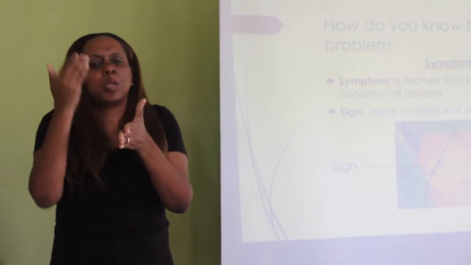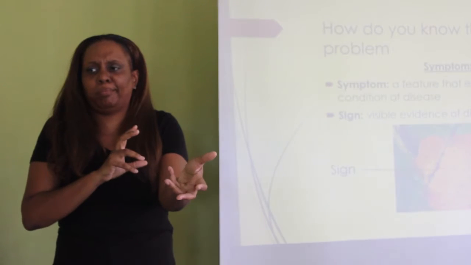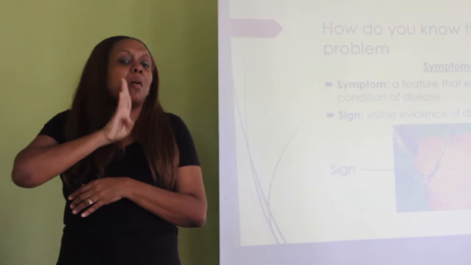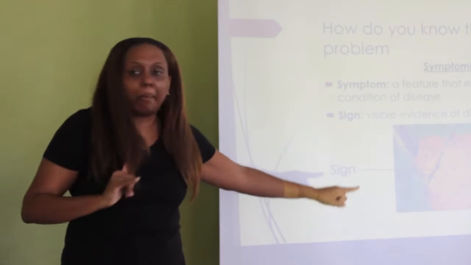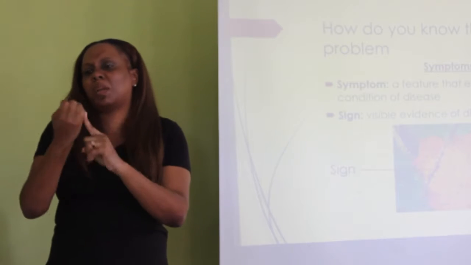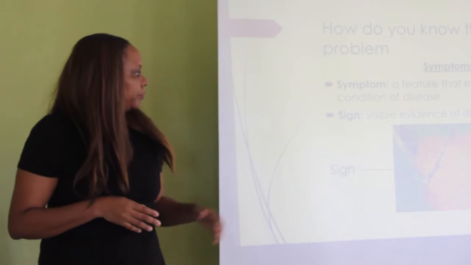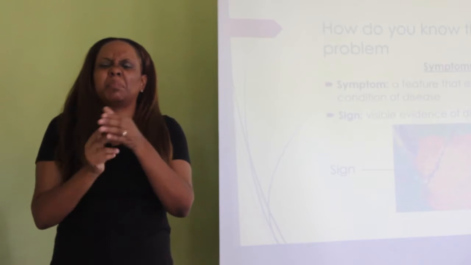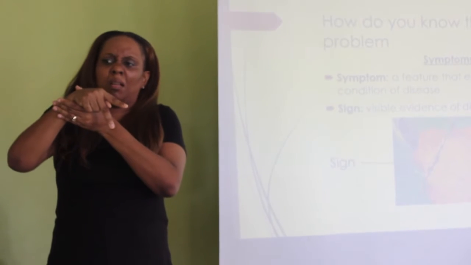For example, the plant may look brown, as you will see over there on the right. The plant may look yellow, so that's a feature that expresses the condition that there is a problem. The sign may be that the plant is drooping, wilting, brown, looking as though it is dead or dying.